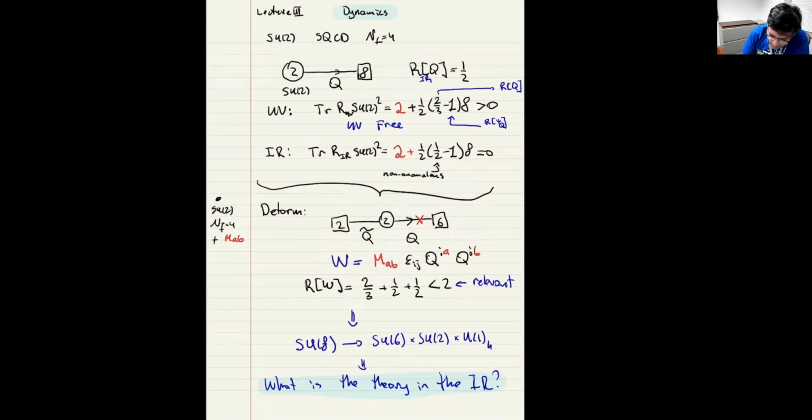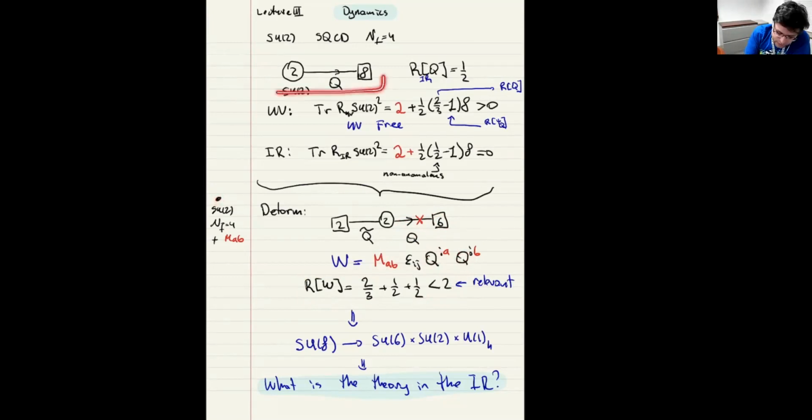Then we built a gauge invariant combination of these sixes. We need to anti-symmetrize the SU(2) indices, so we also need to anti-symmetrize the global symmetry indices. So there are 15 gauge invariant operators that we can build like that, and we couple them to 15 free gauge singlet fields. Again, you can verify that this superpotential is relevant. The R charges of the Qs are half at this fixed point that we start with.